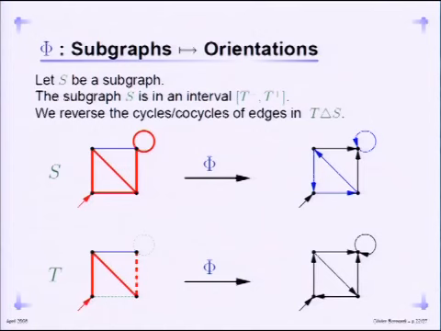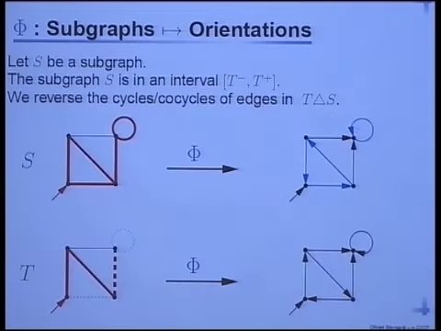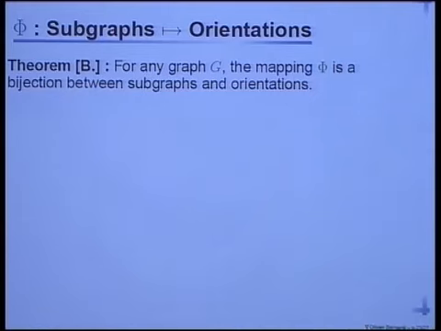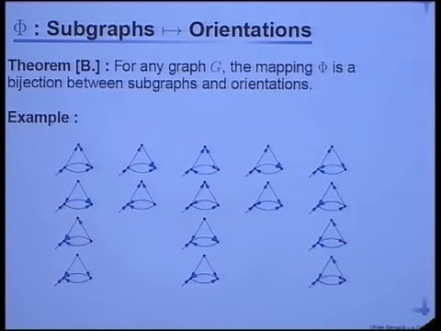So I'm reversing the cocycle, the fundamental cycle of this edge and the fundamental cycle of this edge, and I obtain the orientation associated to my subgraph. And this defines a bijection between subgraphs and orientations. So if I take this example again, here are my subgraphs sorted according to their trees, and if I apply this, it works. This indeed makes a bijection.